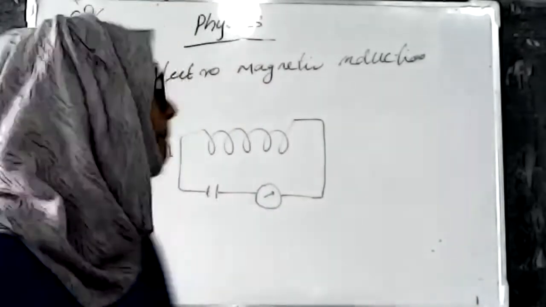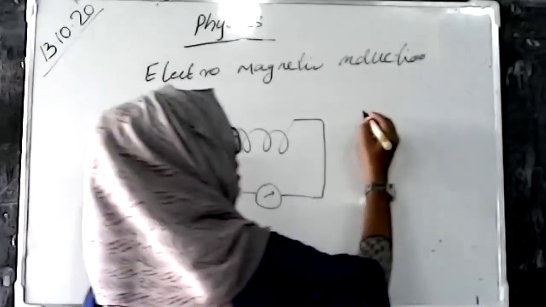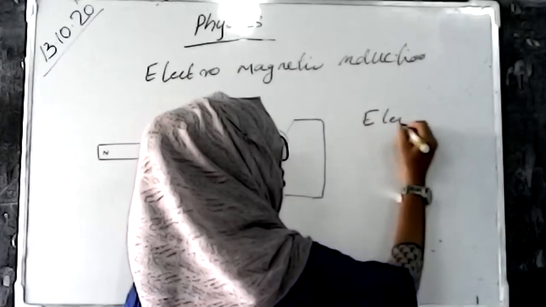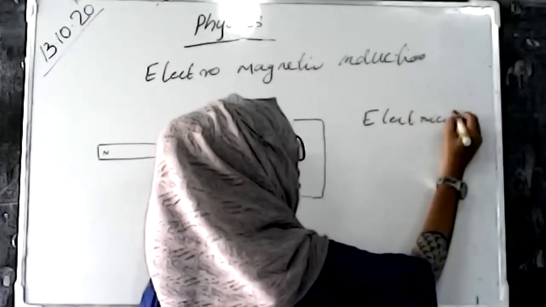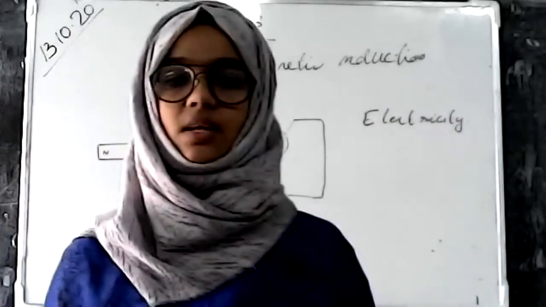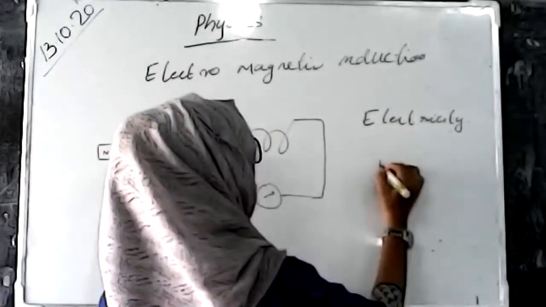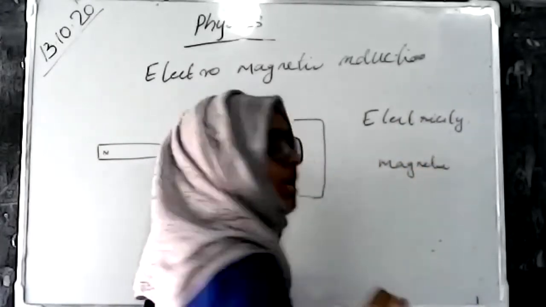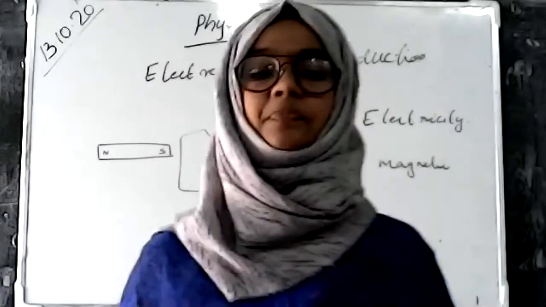So here we are discussing how electricity is produced. That is the electromagnetic induction. And here is a magnetic field and electricity.